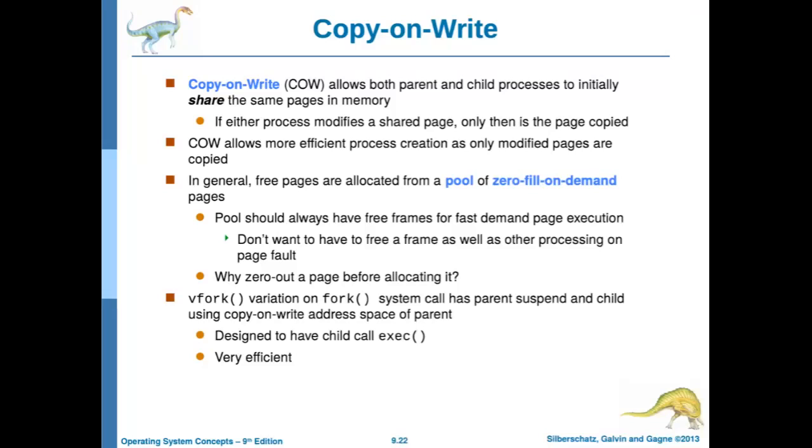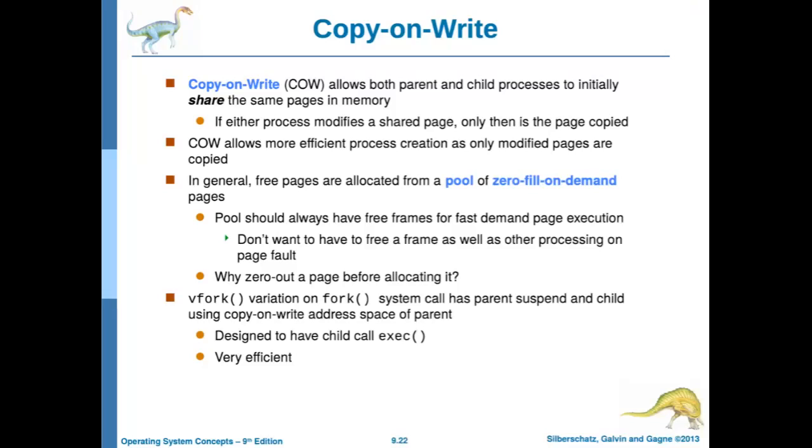Another term used for that is zero fill on demand pages, where the pool always has free frames for fast demand page execution, rather than searching which frame is free and which is in use. You have a list of free frames, so there is no need to execute some sort of searching algorithm there.